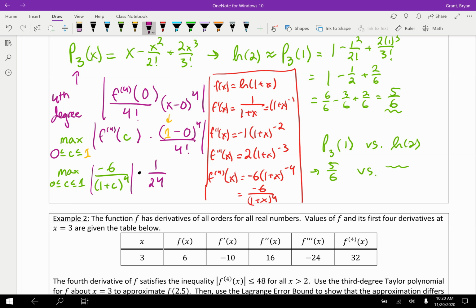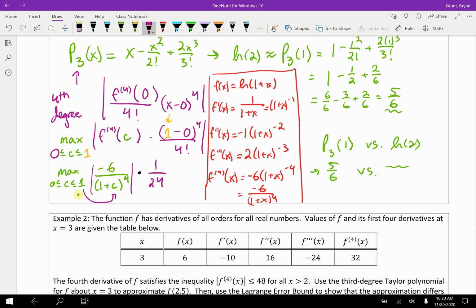Cool. Well, just visualizing this, maybe we can see it. If you substitute 0 in here for c, you get 1 plus 0, which is 1. You get negative 6, which becomes 6. If you substitute 1 in here, 1 plus 1 is 2, right? Anything you add is going to make this bigger, and 2 to the fourth is 16. Negative 6 over 16 is a pretty small fraction.